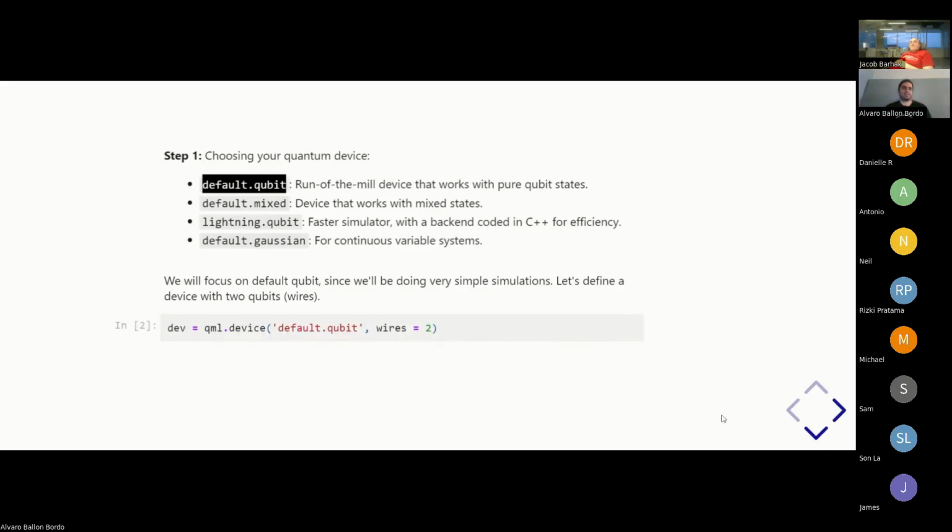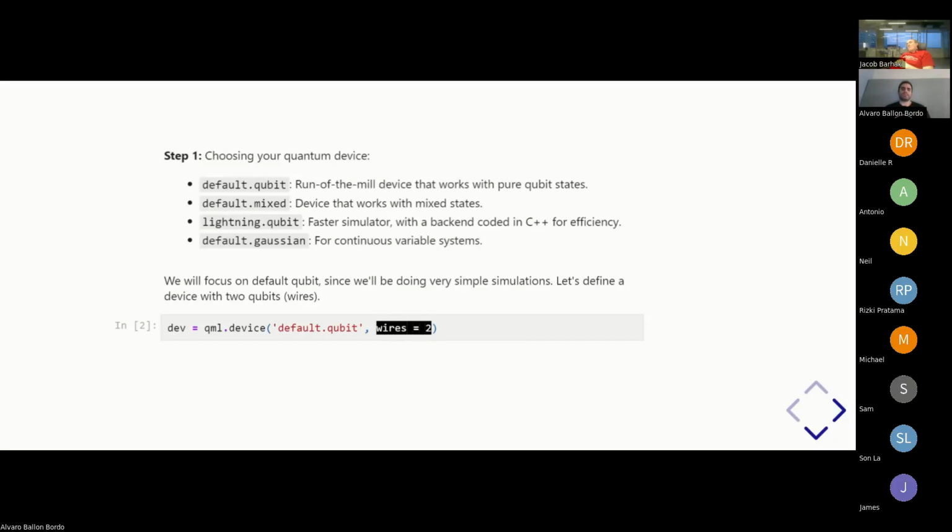The way to tell this to PennyLane is with this command, qml.device and default.qubit. And then after default.qubit, we're going to tell it how many qubits we are going to work with.